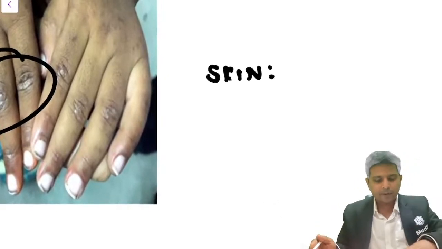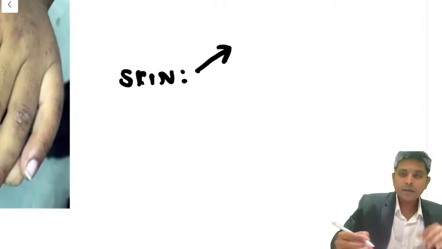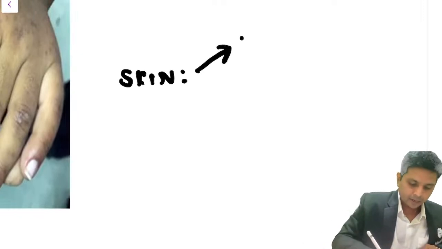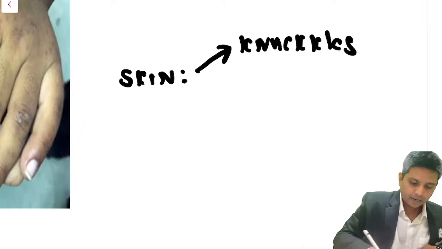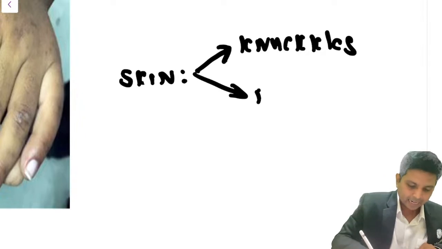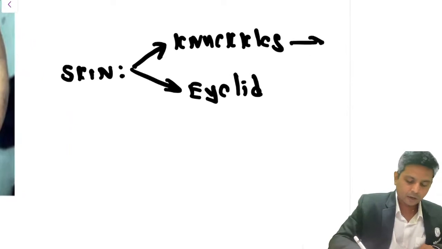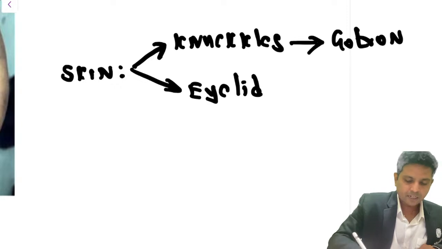Dermato means skin manifestation. What are all the skin manifestations? One is pigmented skin in the knuckles, and another is pigmented skin in the eyelids. Pigmented skin in the knuckles is called Gotron papules, which is what you have seen here.